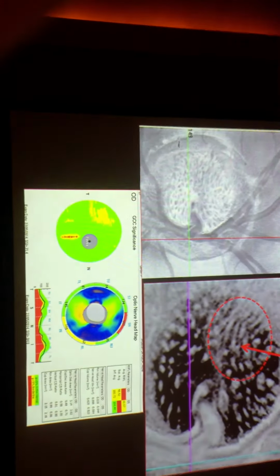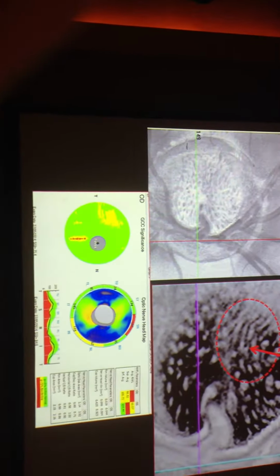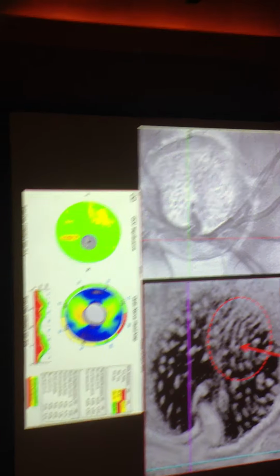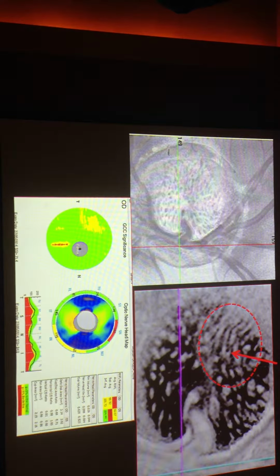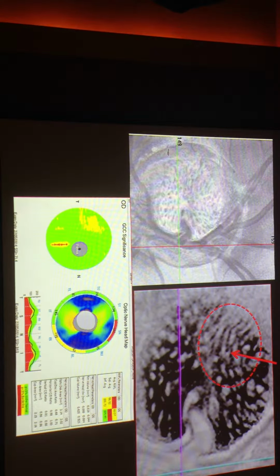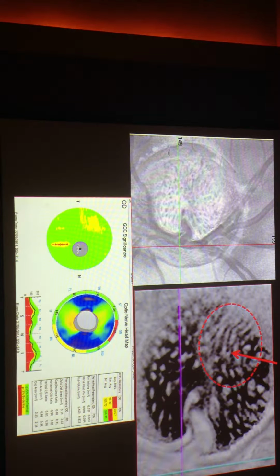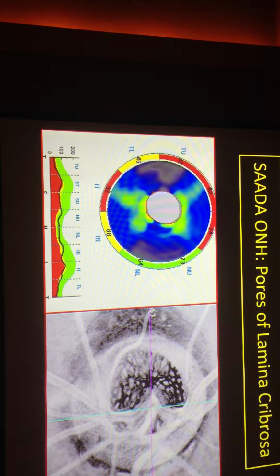We can observe in case of glaucoma, because we have correlated the changes we can observe with OCTA angiography and the observation of the lamina cribrosa, that we have variation of the diameter of the pores, and the pores of the lamina cribrosa can be stretched, like you can see there, or can be enlarged.